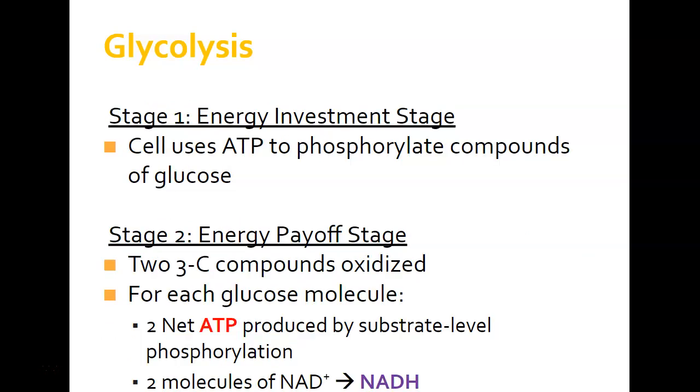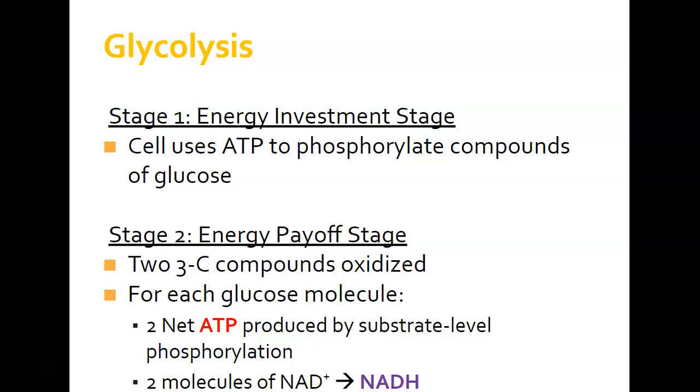Okay. In glycolysis, first you have to put in a little bit of energy to make this whole thing kind of happen. And it's a little tricky because I did say that cellular respiration is an exergonic process where energy is given off and spontaneous. But there is this tiny, tiny little bit of energy investment necessary.